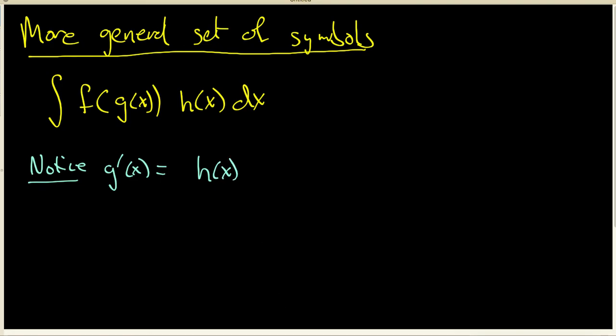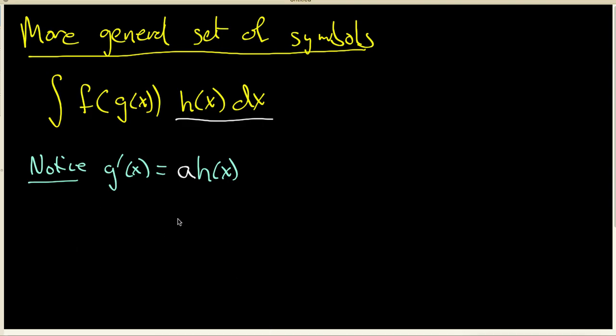The only thing is it's not quite equal to h of x because there is some kind of constant. Let's call this constant the number a. So the pattern I notice is that this is almost, but not quite, g prime.